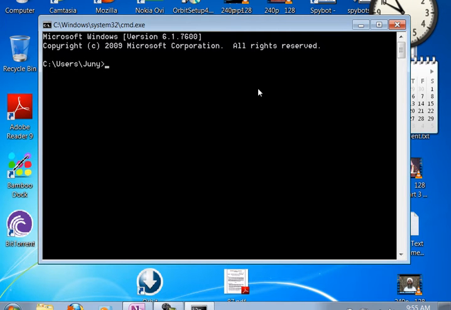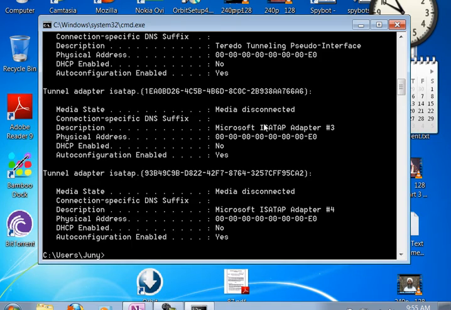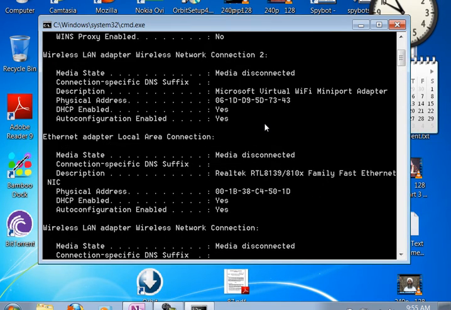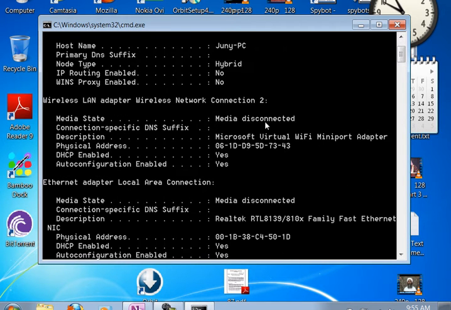In the command prompt, what I'm going to do is type ipconfig /all. Now it gives a whole bunch of stuff, and I'm not interested in all of it, but I'm interested in Wi-Fi and my Ethernet. So Wi-Fi is this wireless network connection, and we have an Ethernet adapter.